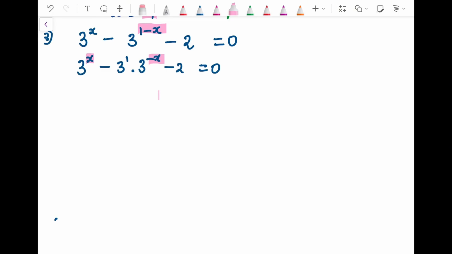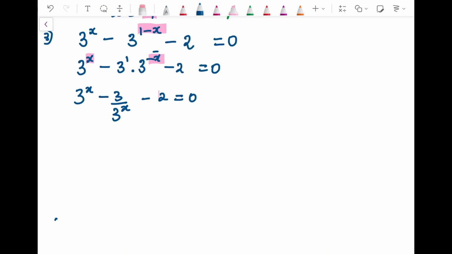But we can write this as 3 to the exponent x minus 3, and then we take this down, it will be 3 to the exponent positive x, minus 2. This is equal to 0.